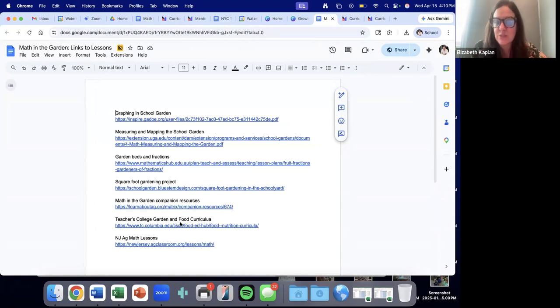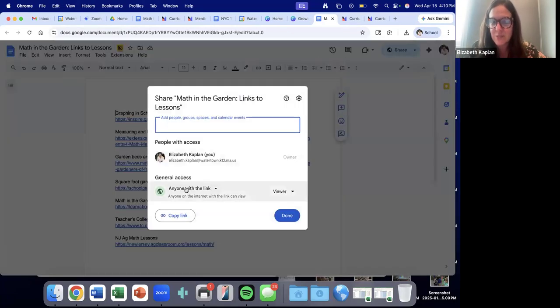There are links to curricula like the Teachers College Garden Food curricula, which has been shared through Mass Farm to School many times, and I've taken a Root Ed course where they shared this. And then there are ag math lessons as well. These are actually individual lessons that tie into what we were talking about. So I'm going to put those in the chat here.